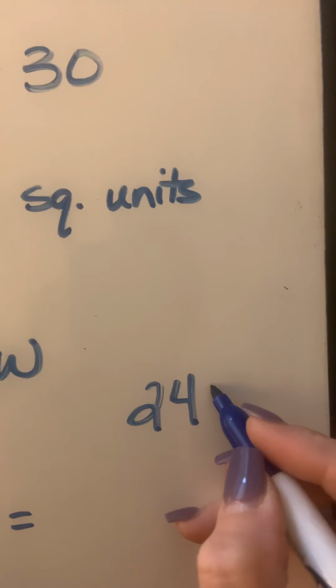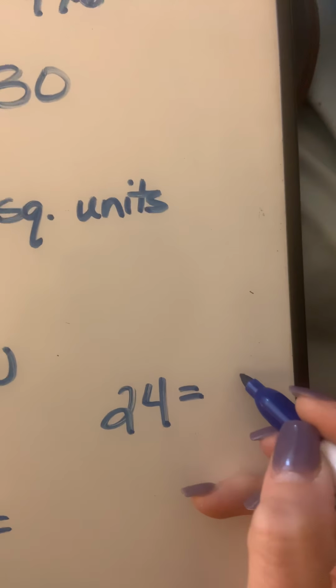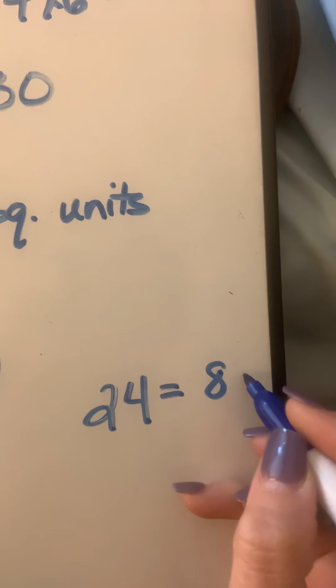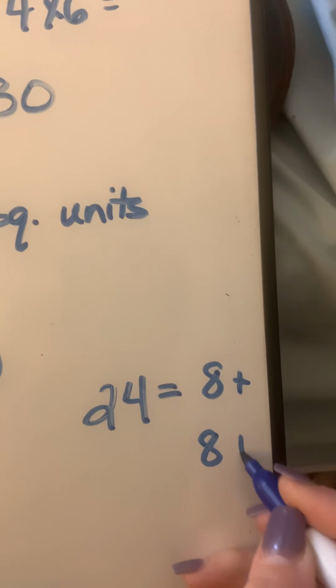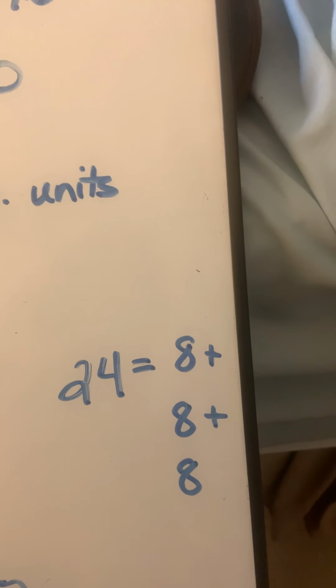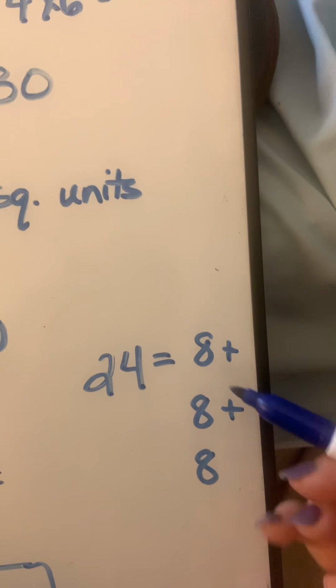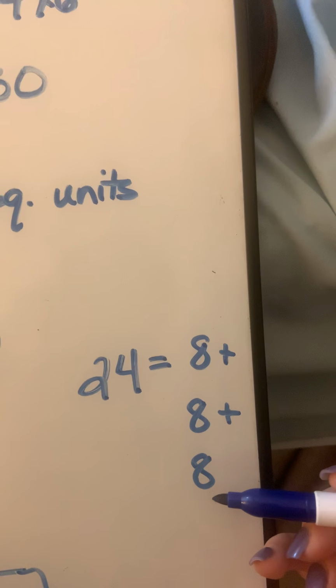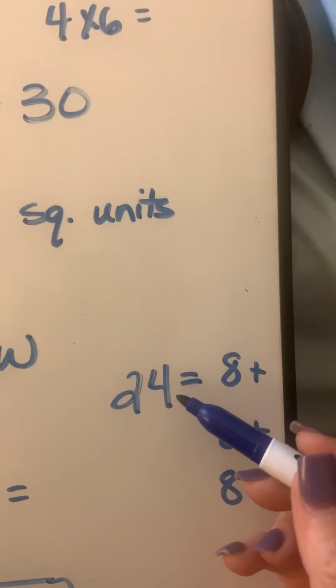Could we say that 24 is equal to 8 plus 8 plus 8? Well, let's see. What is 8 3 times? Is 8 times 3 24?